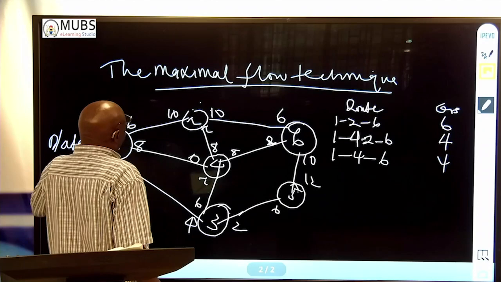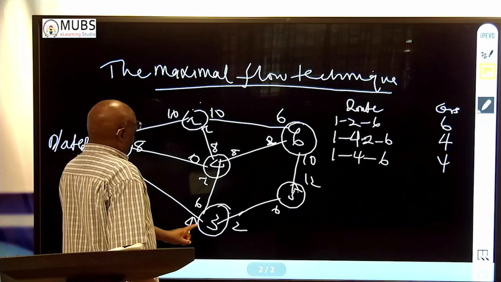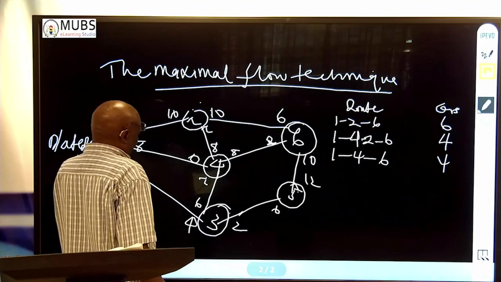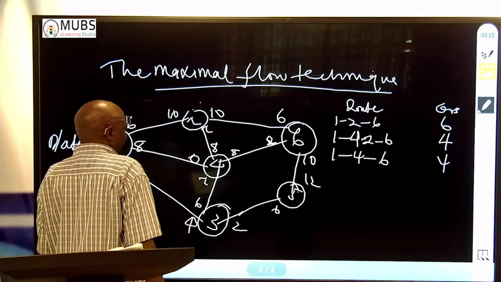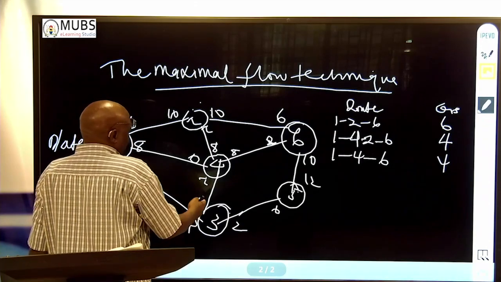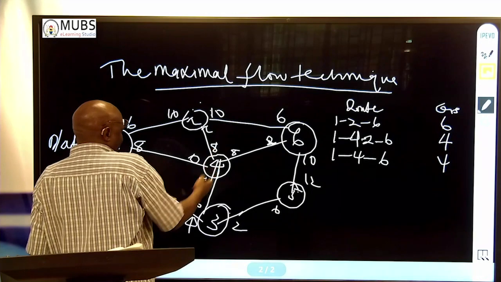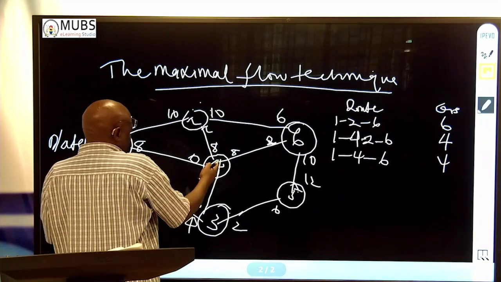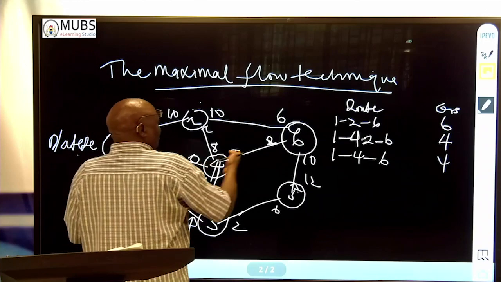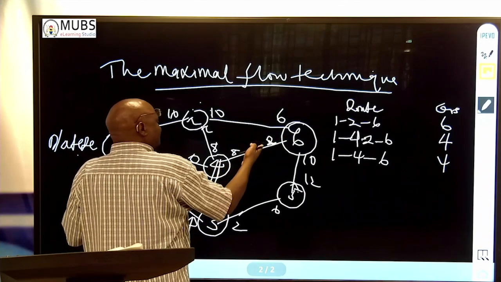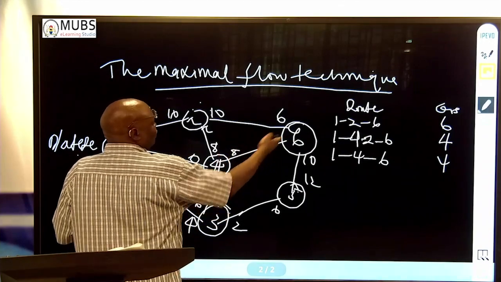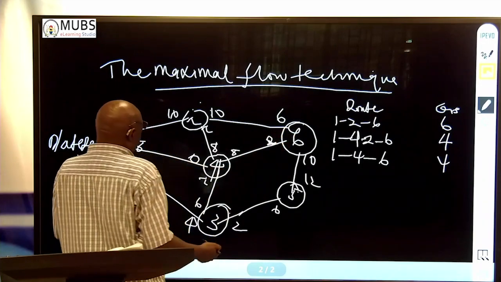Now, from 1 to 3, 20 cars can come. This one can allow 6. This one would have allowed 8, but there are no longer any 8. It can allow 4, because 4 have already gone.